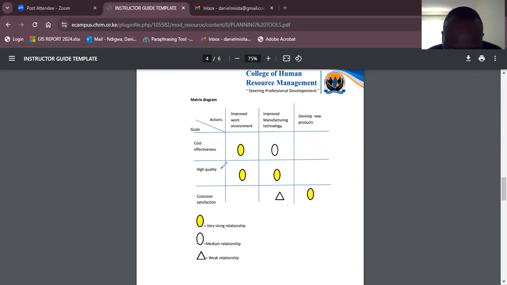Then we also have what is called high quality, which also has a very, very strong relationship with the improved work environment. Then we also have the other ones, like manufacturing technology, which does not have that strong a relationship, but has a medium relationship.